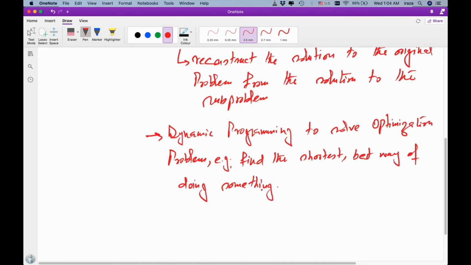Okay, so in other words, there must not be an optimal solution that contains a suboptimal solution to a subproblem. This is very important to note.